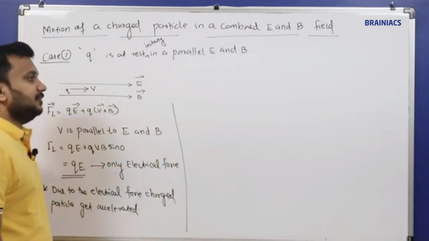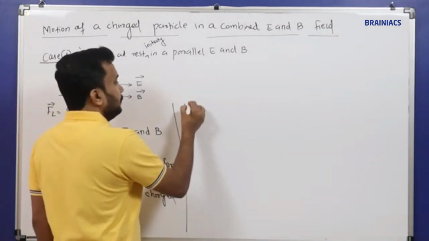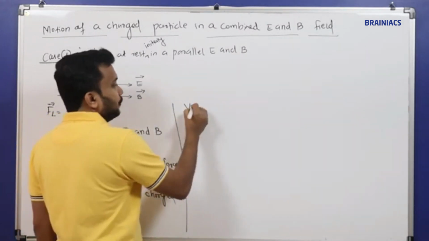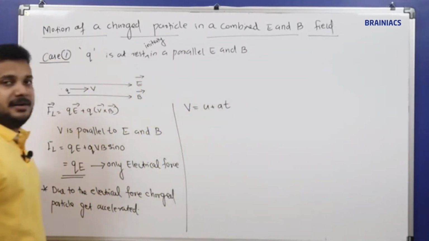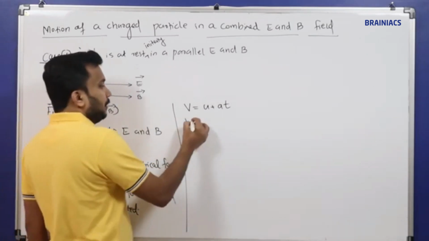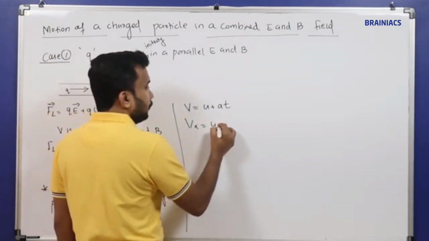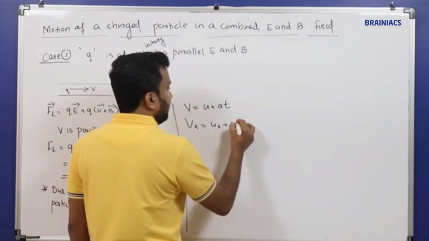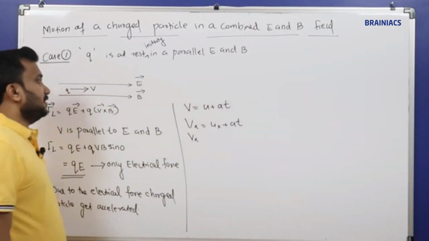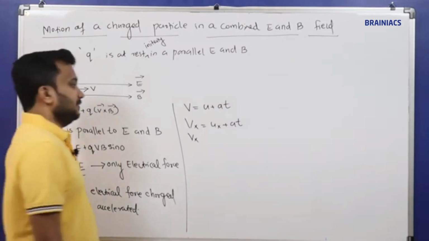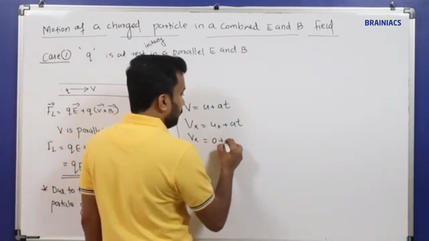How can I find this velocity? We know this is moving in the x direction, so we use the equation from one dimensional motion, v equals u plus at. Along the x direction, v_x equals u_x plus at. Starting from rest, this is 0 plus at.